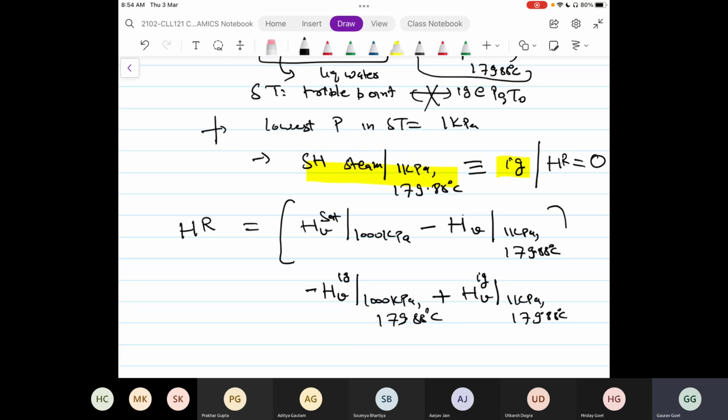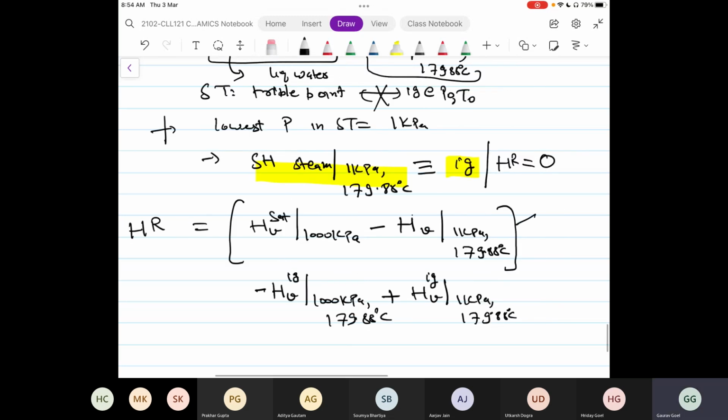The first bracket I will calculate from the steam table, because in the steam table, saturated steam enthalpy is available, superheated steam enthalpy is available. Okay, and because I am reading both values from the same steam table, the reference enthalpy will cancel out. So the first bracket can be evaluated. What is the value of the second bracket?